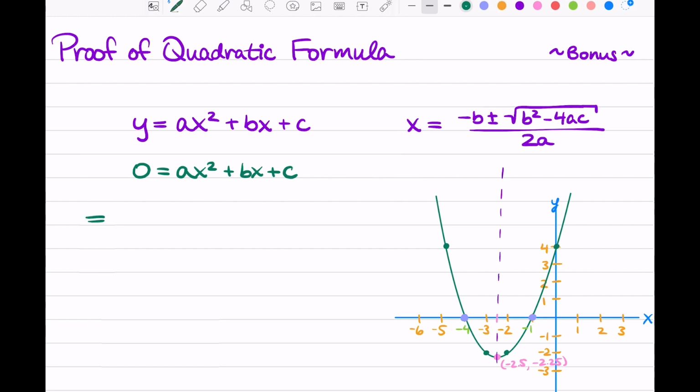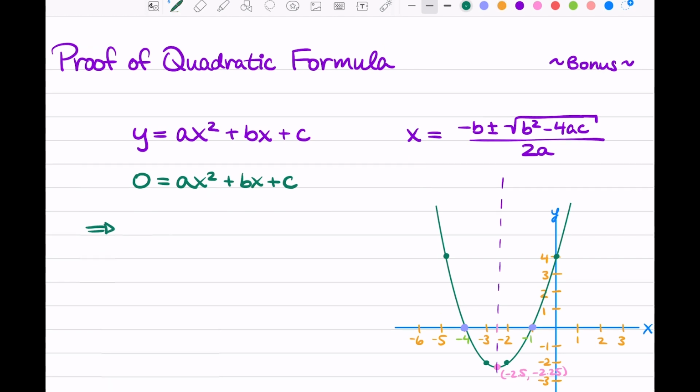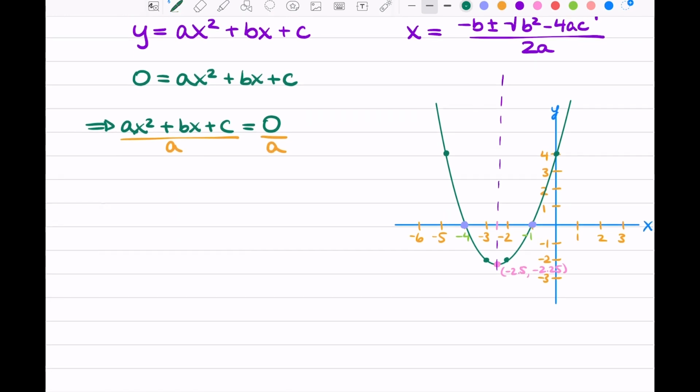So we're going to start off by rewriting our equation to get the variables on the left side. So we'll have ax squared plus bx plus c equals 0. And we're going to divide both sides of the equation by a. Now, looking at the left side, we have a fraction that we can split up into 3 parts. We have ax squared over a plus bx over a plus c over a.